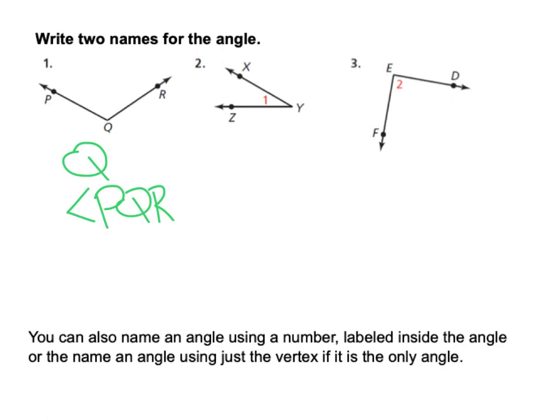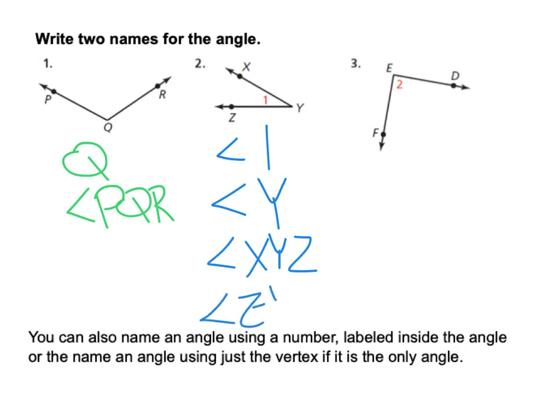The second one, think for a second about how there are a couple different ways that we could name it. There's a little red 1 in there. We could name it angle 1. We could name it angle Y, or we could name it angle XYZ. We could also name it angle ZYX. All of those are referring to the same angle.